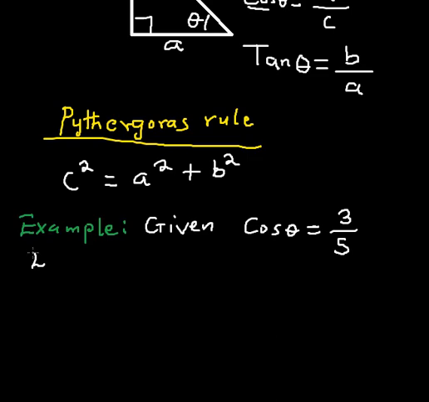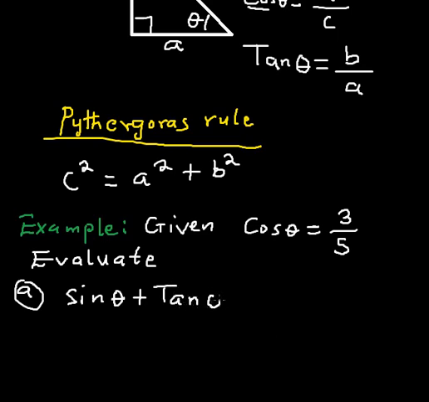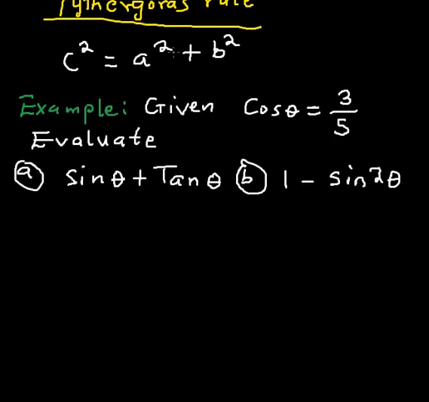The question is: evaluate (A) sine theta plus tan theta, (B) 1 minus sine square theta. Solution.